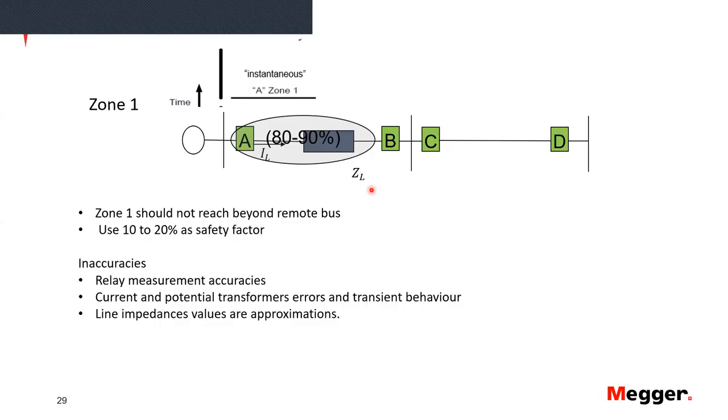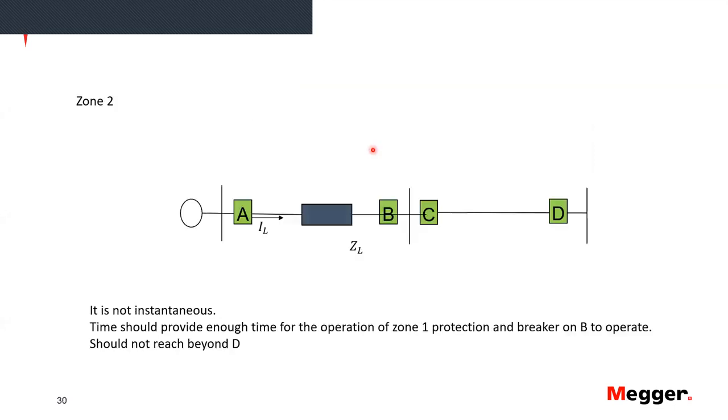And we have transients that occur if we are using capacitive voltage transformers, etc. So zone 1 is again to trip all the way to 80 to 90% of the length of the line, or the impedance of the line, and it should trip as fast as possible. I am using instantaneous there. Remember that instantaneous only means with no intentional time delay.